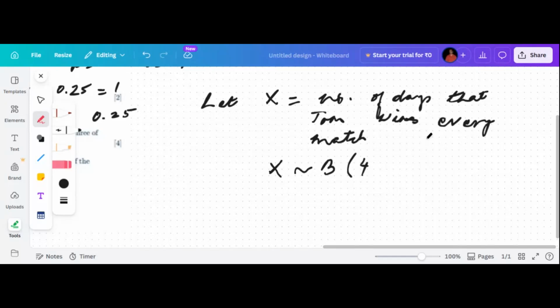Tom may win on day two or he may not win. Again, day three, day four. So Tom can win on 0 days, 1 day, 2 days, 3 days, or 4 days. So x is binomially distributed. 4 is the number of trials, and the probability that Tom wins every match is 0.25.